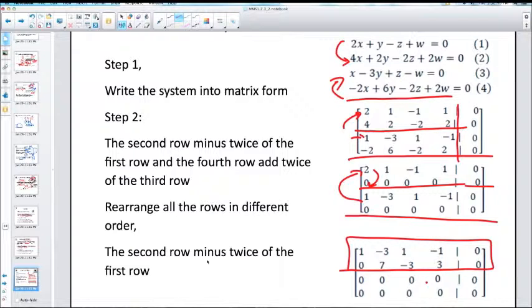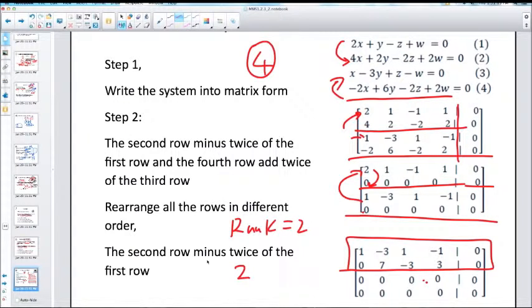The rest two, the third and the last, you swap down, they're all zeros. So what does that tell you by the definition of rank? That tells you the rank equals 2. And how many variables do we have? 4. How many freedom do we have? 2.